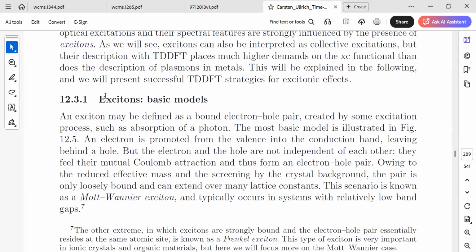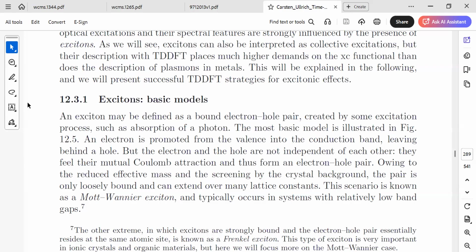These are the excitons which, once upon a time, you were asking me what they are, and at that time I told you that I don't know the exact meaning of excitons.